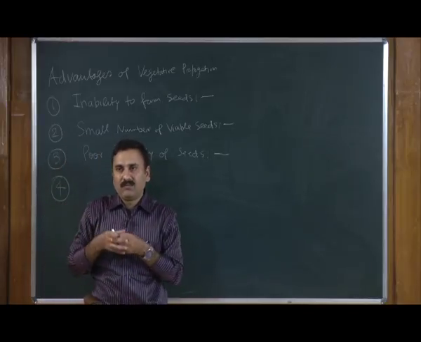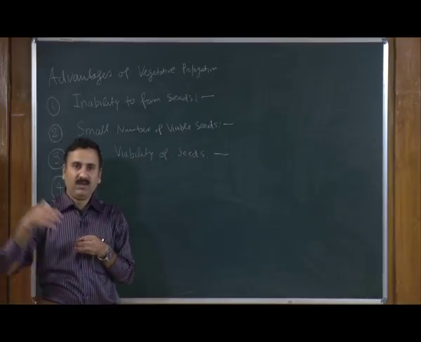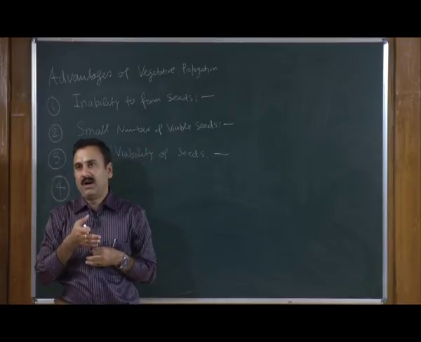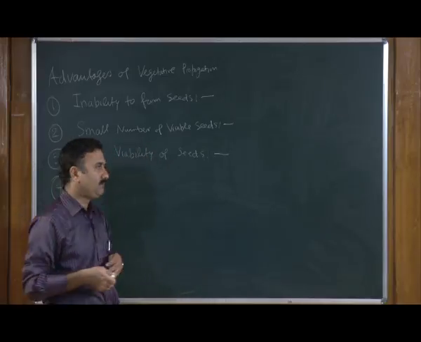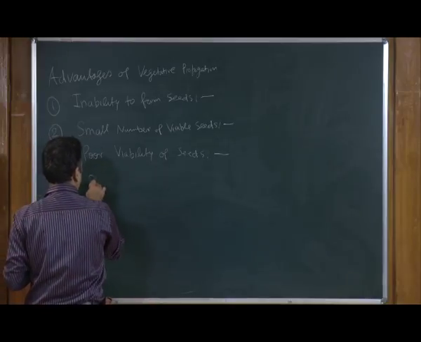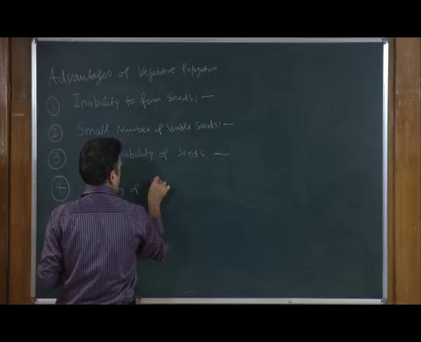So, if the plant is very good, it does not get mixed up with different qualities, so the good qualities do not get diluted. It maintains the purity of a particular line, the purity of the plant species.